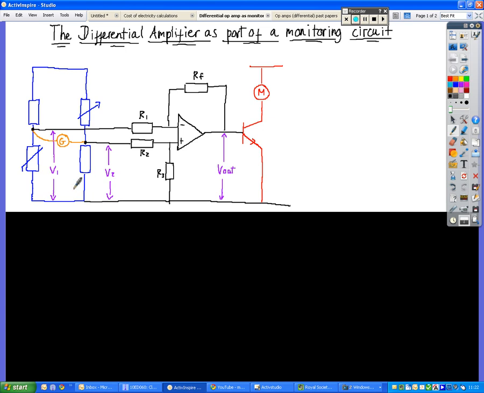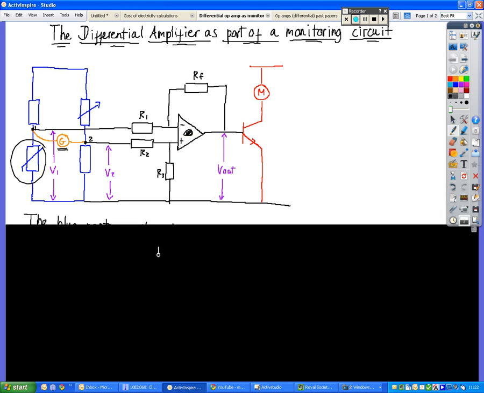So these are our 3 sections. Blue, you've got your Wheatstone bridge determining your potential at V2 and V1. The thermistor here tells you that it's a temperature sensing circuit. It's to monitor changes in temperature. The difference in voltage here on the galvanometer is amplified by our differential amplifier there.